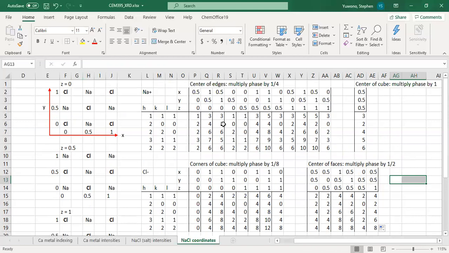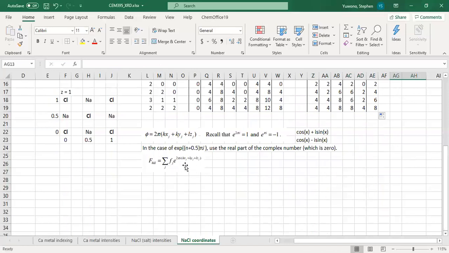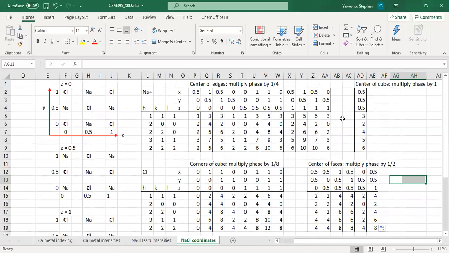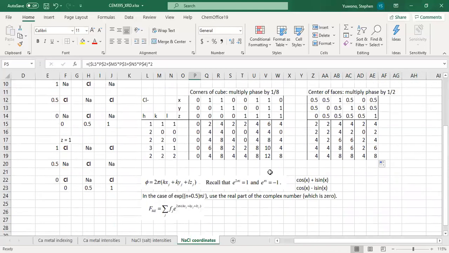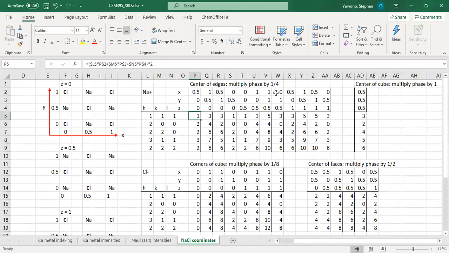So here, we see that it's going to be a sum for each of these coordinates. For each of these coordinates, it's going to be 1, -1, or 0. But now we have to take care of how many cubes share the ions that we are interested in.